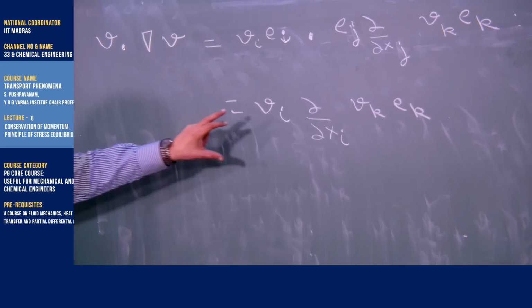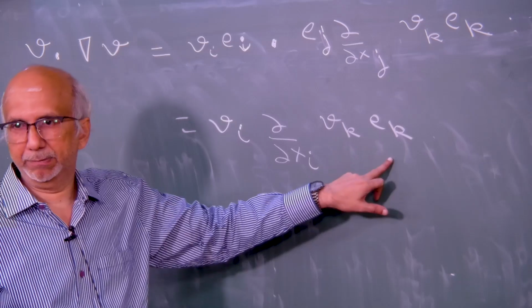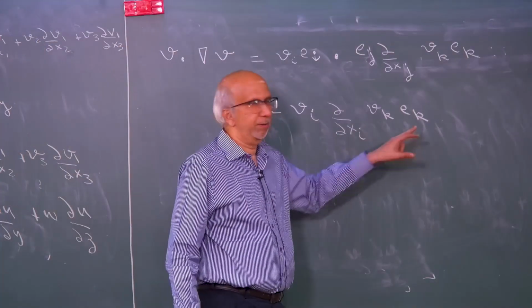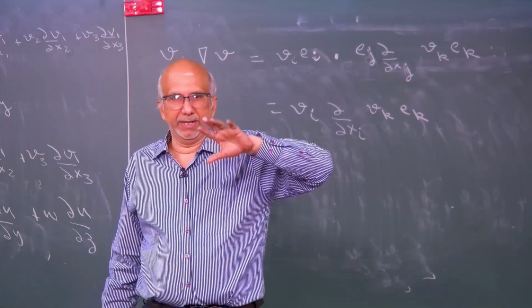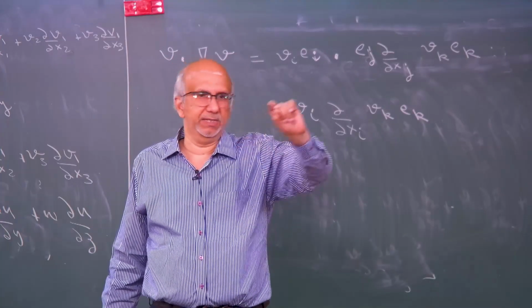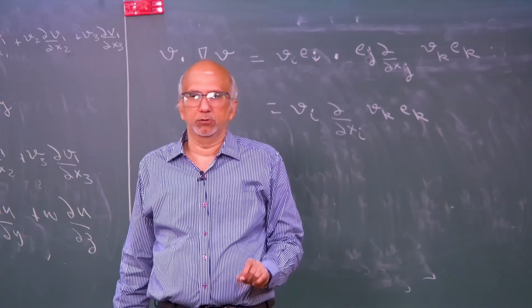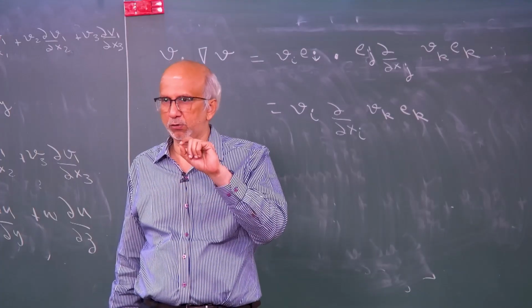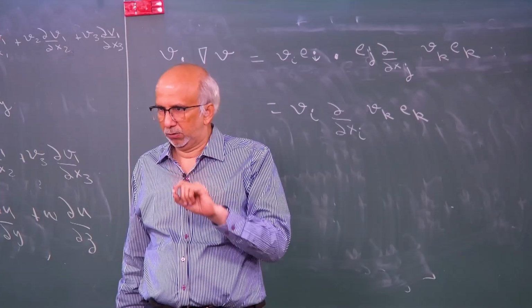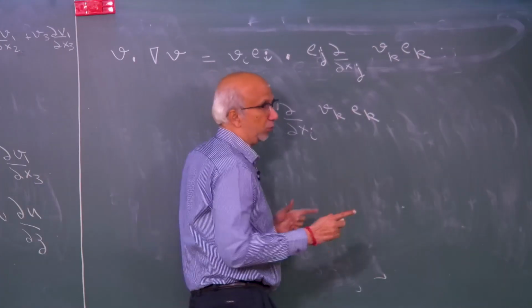This derivative is operating on Vk Ek, and because I am talking about rectangular Cartesian coordinates, the directions of the unit vectors do not change, it does not matter what position I am in space. So the Ek does not change, and that is not going to contribute. E1, E2, E3 do not vary with space; they are unit vectors.